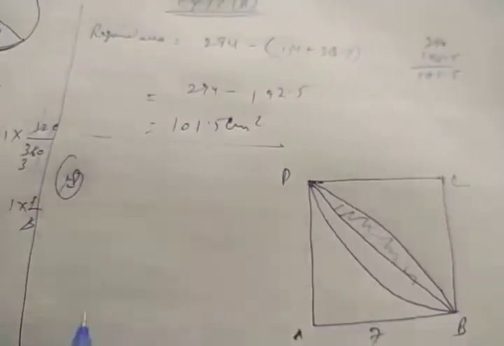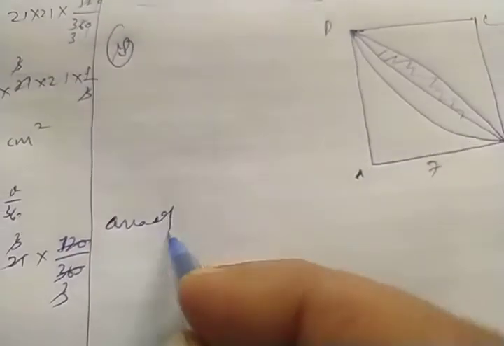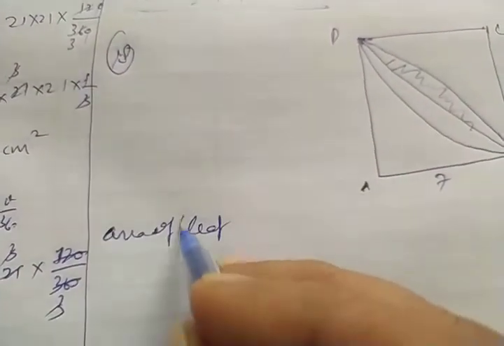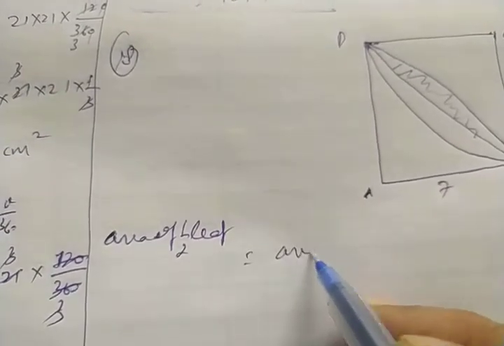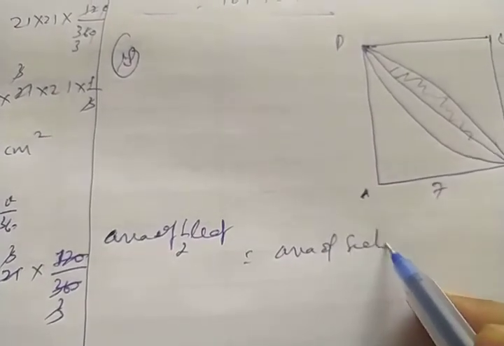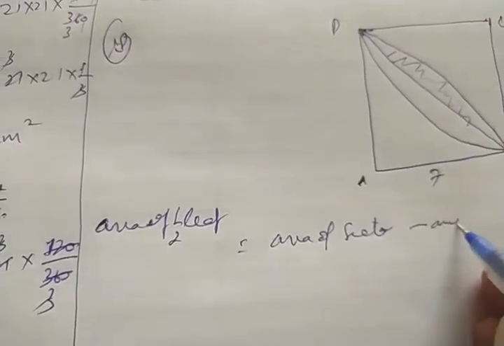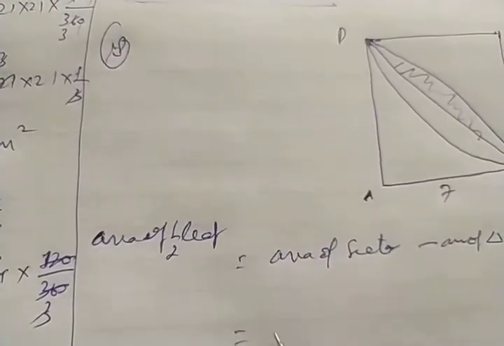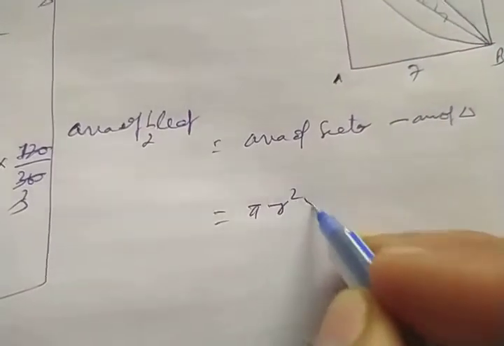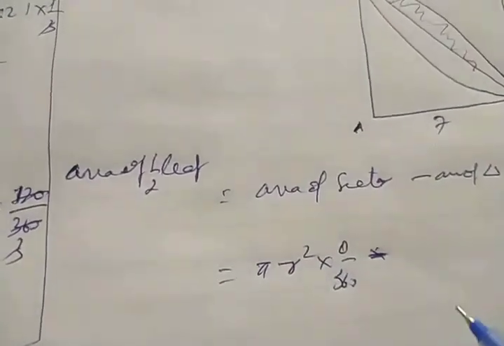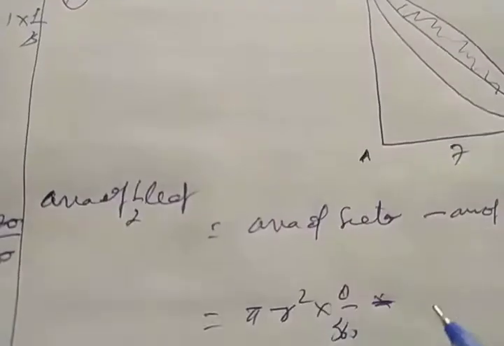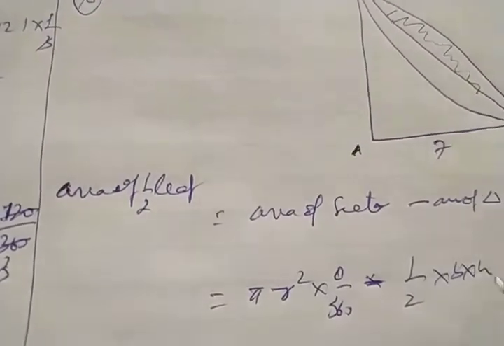Then area of leaf is equal to area of 1 upon 2 leaf, that is area of sector minus area of triangle. Area of sector will be calculated by pi r square into theta upon 360 and minus area of triangle, that is half base into height, 1 upon 2 into b into h.